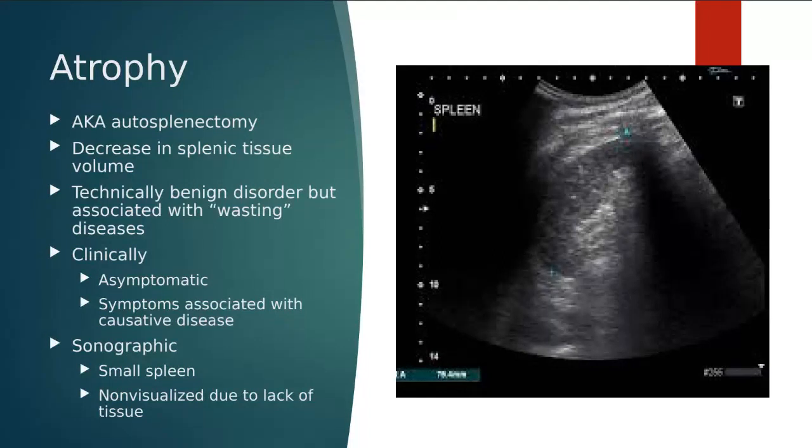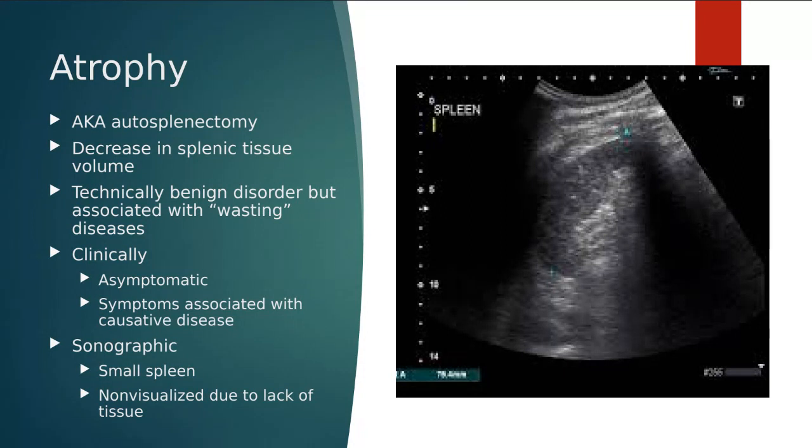Clinically, the patient will be asymptomatic, or they're going to have symptoms that are associated with the disease that is causing this atrophy. So if they have some type of, we could even say leukemia, right? So they have some type of blood cancer that's a wasting disease, over a period of time that patient is fighting that disease, and that disease is attacking the body. That spleen is just going to continue to shrink and shrink and shrink.